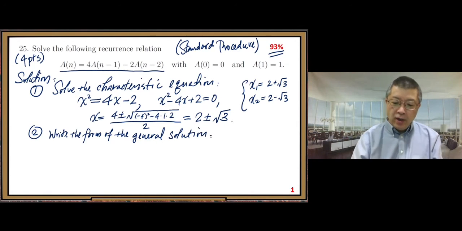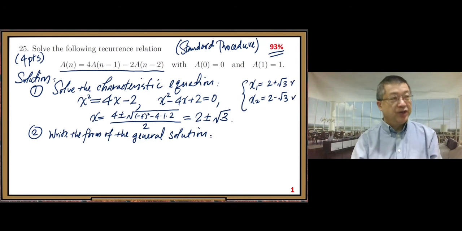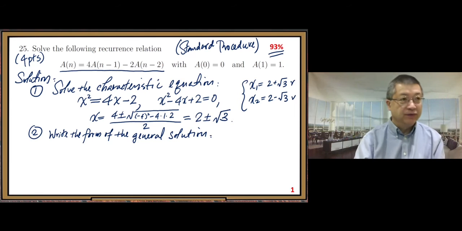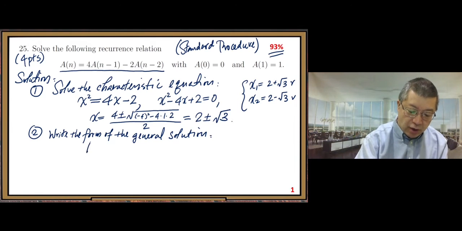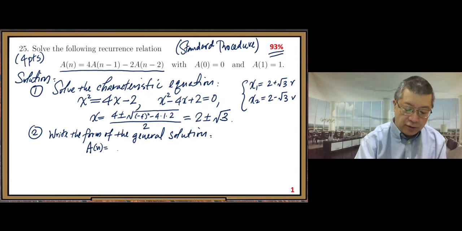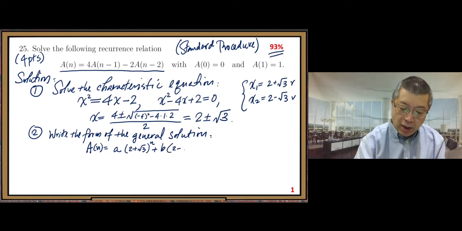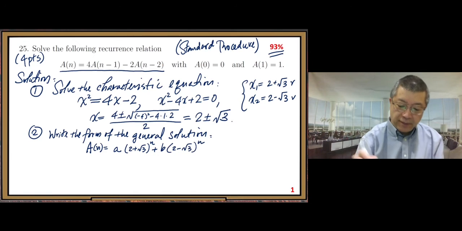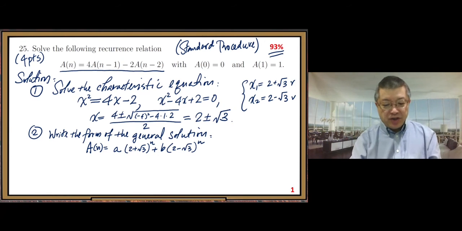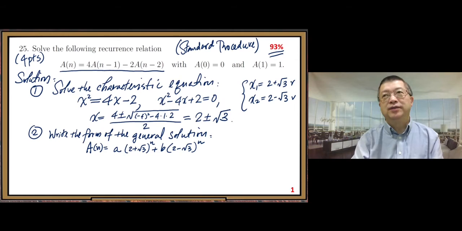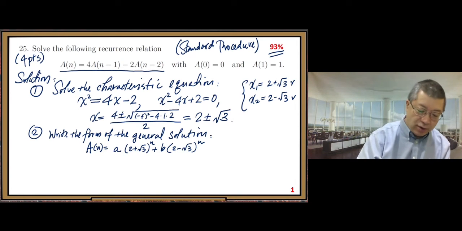Using these two special solutions, we write the form of the general solution. The general solution is a of n equals the first coefficient, little a, times 2 plus root 3 to the n, plus little b times 2 minus root 3 to the n. That's the second step, worth another point.